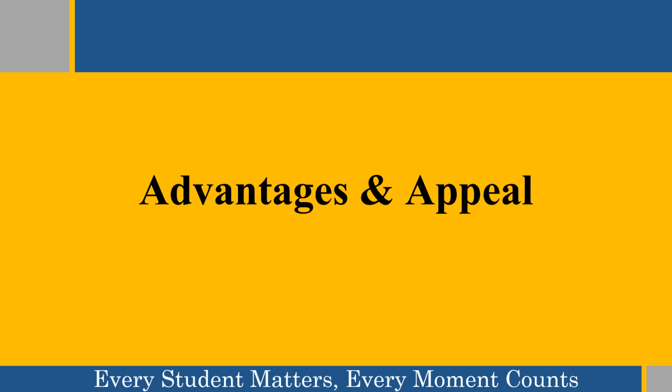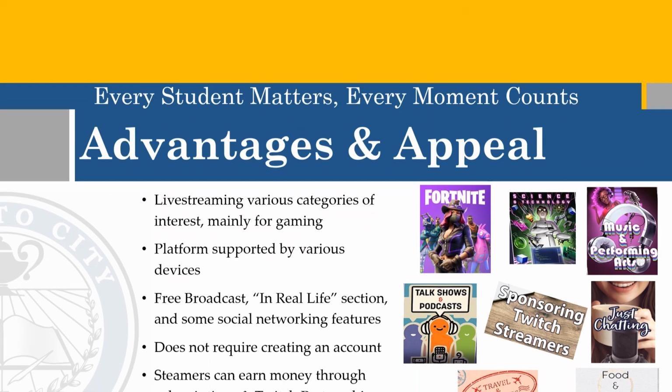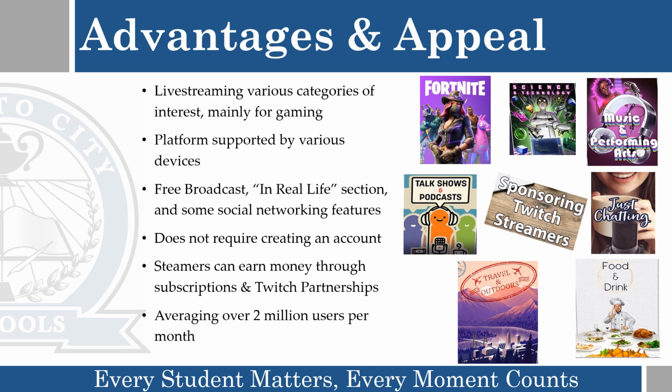Okay, so now let's move on to the advantages and appeal. Twitch offers live streaming videos for various categories and topics. So on screen are just some examples of the types of categories found in the app. We briefly covered them when we were talking about what Twitch was at the beginning. The Twitch platform is supported by various devices.